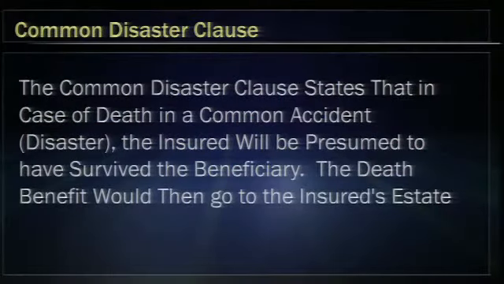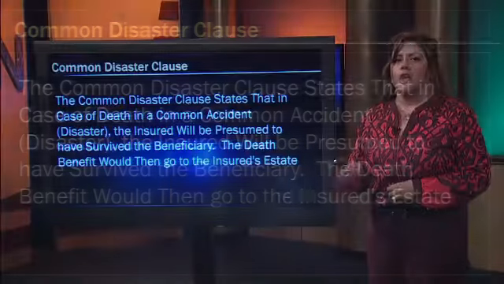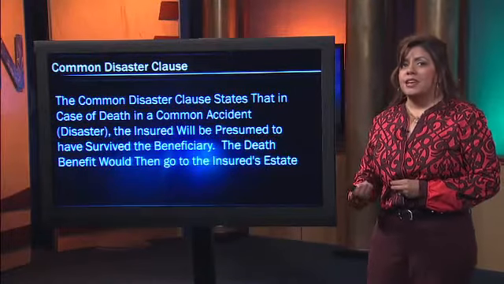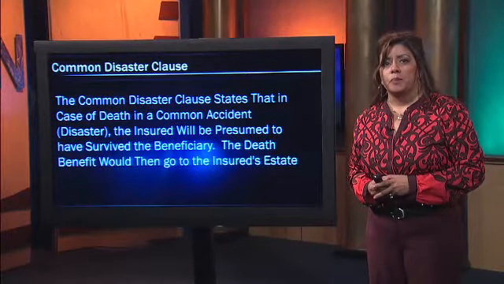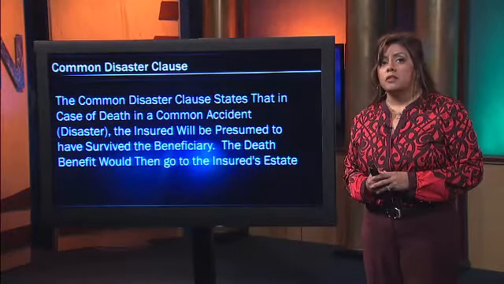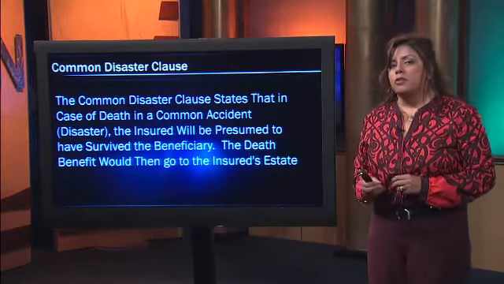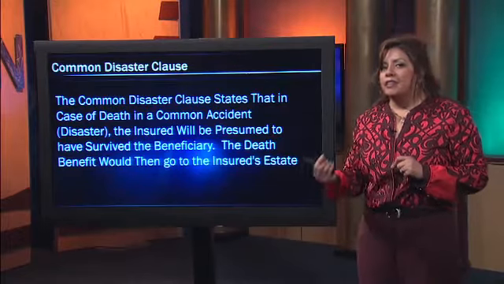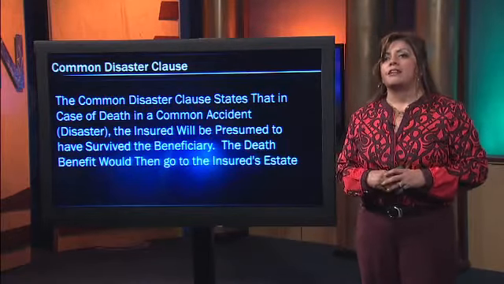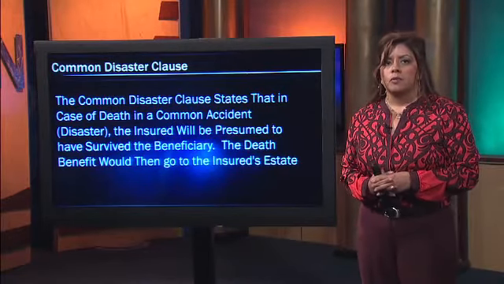Now that the policy owner has taken careful thought in designating the beneficiaries, the company wants to make sure that they honor the intent of the policy owner. So now we're going to be discussing the common disaster clause. What happens when the insured and the primary beneficiary die in a common accident?